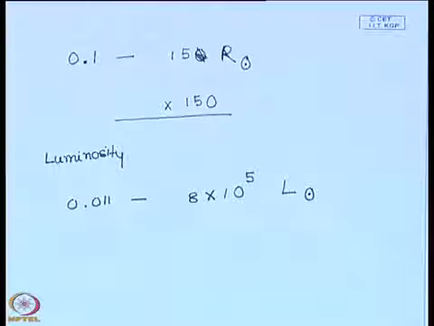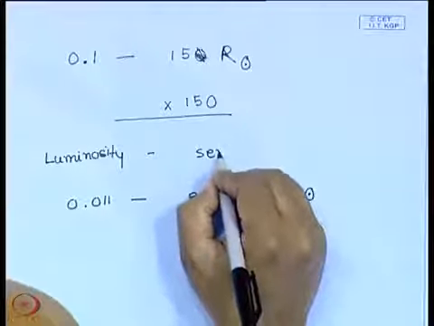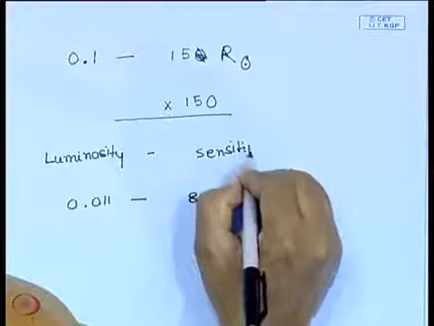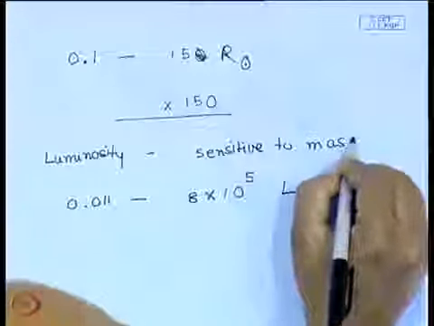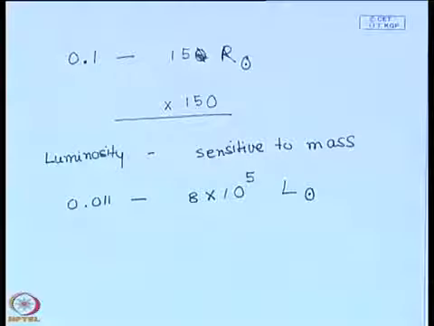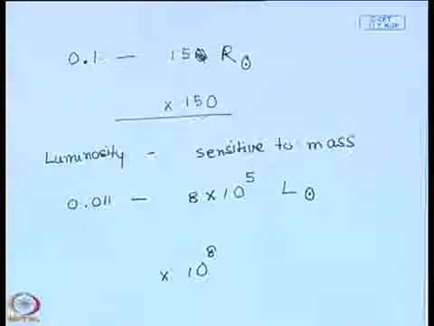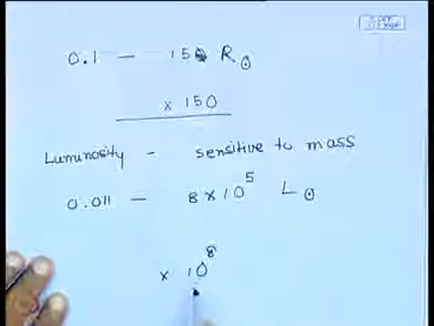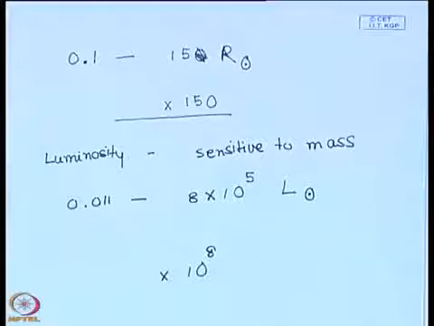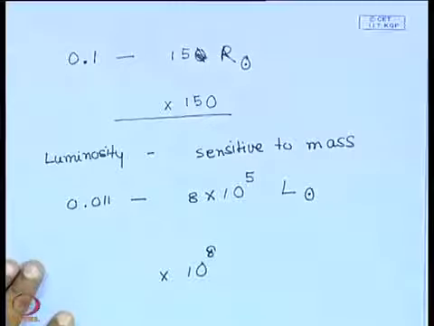So, the luminosity is extremely sensitive to the mass. You change the mass by a small amount, the luminosity goes up enormously. Okay. This is a factor of 10 to the power 8 variation in the luminosity. So, the brightest star is 10 to the power 8 times brighter than the faintest star which you can have, provided the stars are burning hydrogen.